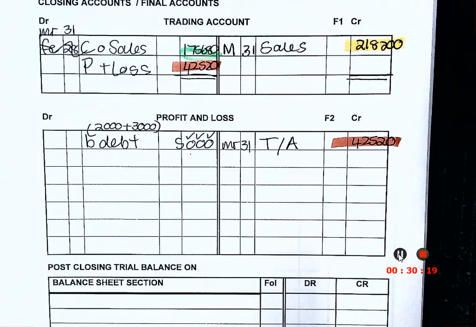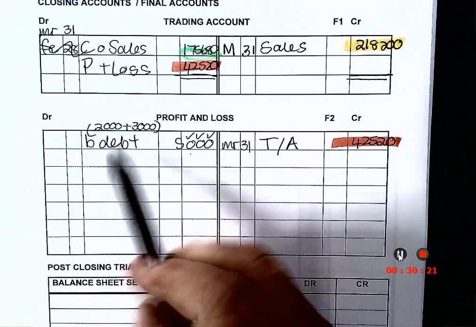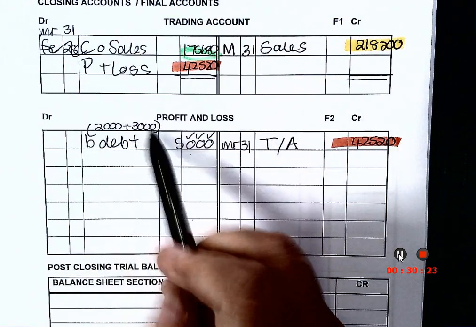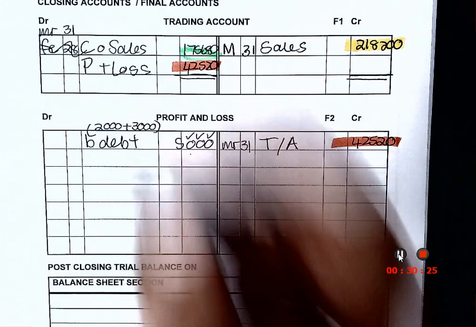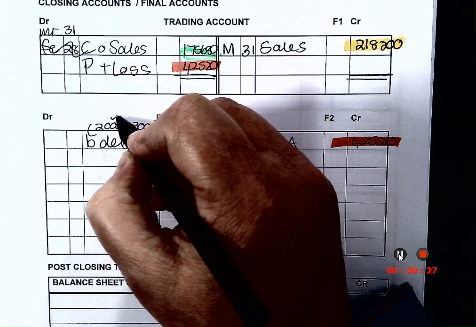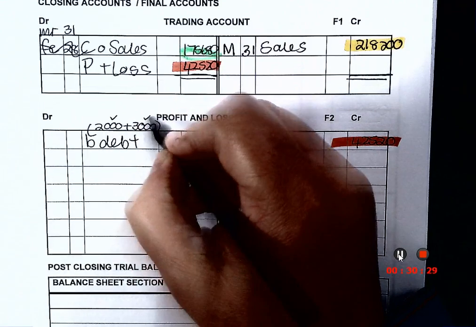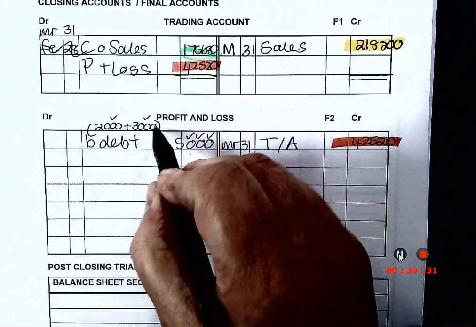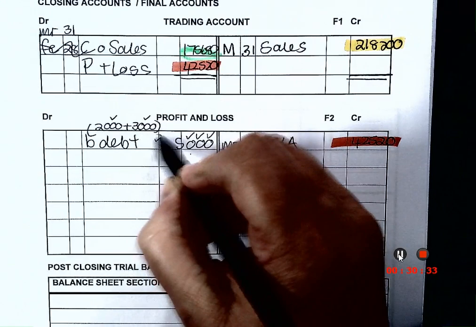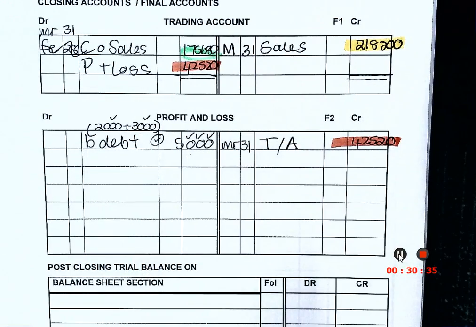But if you did something wrong here, I mark it like this. 1 tick for that, 1 tick for that, and because one of the parts is correct, you get what we call a principal. But if your answer is right, you get full marks, but you do not want to take the chance of missing the part marks if your final answer is wrong. Okay, so I've done bad debt.